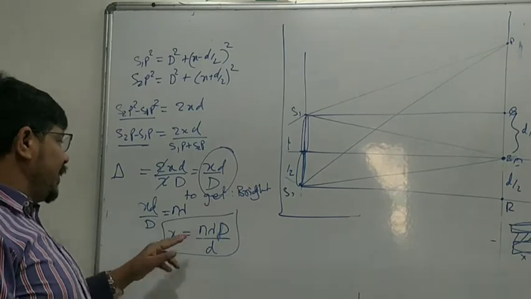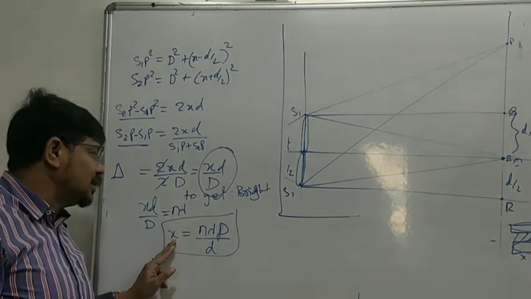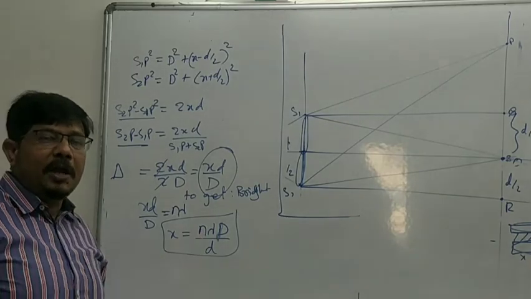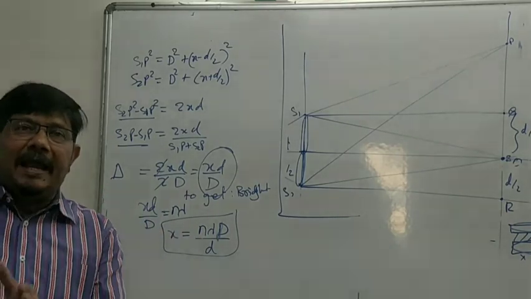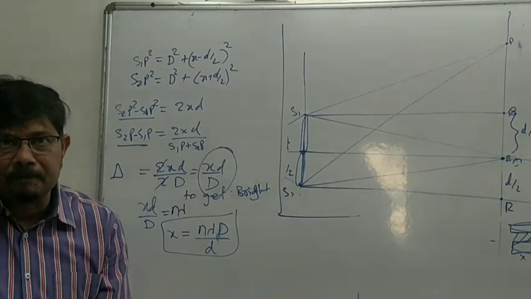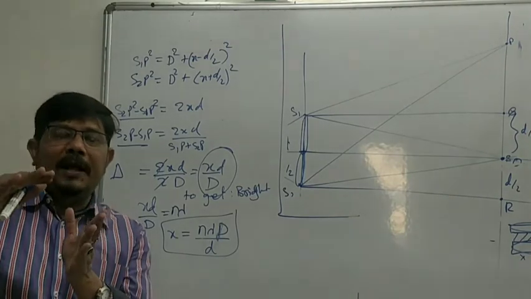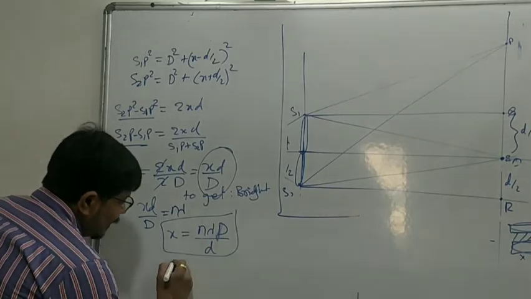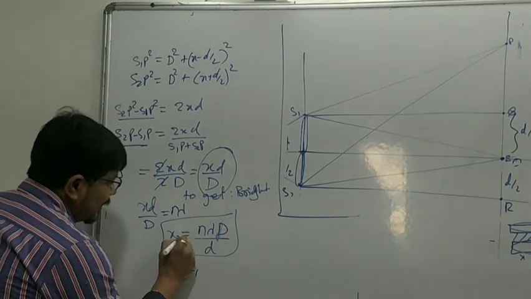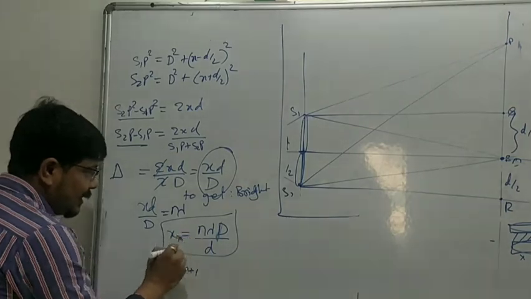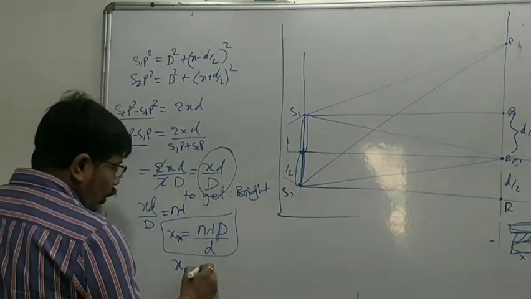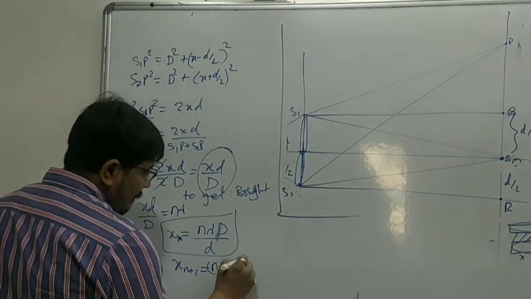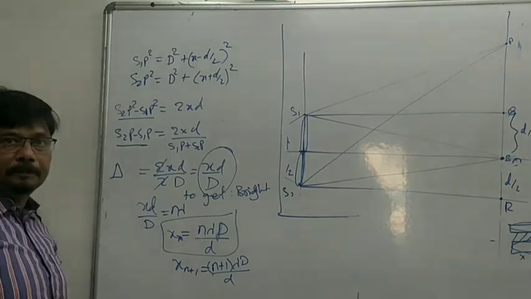Now, if it is the x position for the nth number, say the 5th bright fringe is n and the 6th bright fringe is n plus 1. So another one is xn plus 1. This is xn, and this is xn plus 1. For a consecutive bright fringe you will get n plus 1 lambda D upon small d.